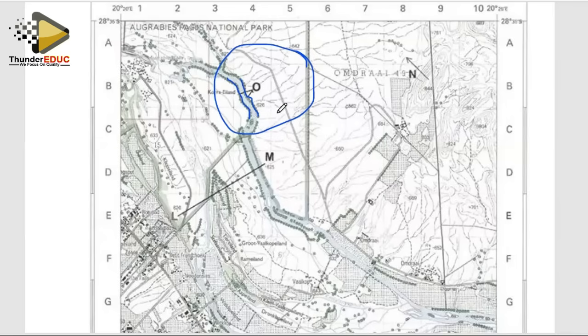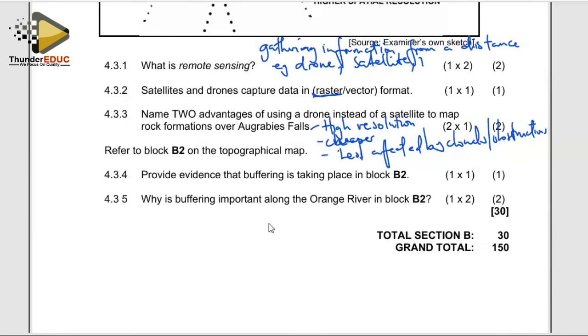buffering of the river. And also, if you check to this side here, though it's not clear, there's a protected area. And also, if you check any influence of human activities, there are no human influences close to the river here. So the piece of evidence that we can use to justify that there is a form of demarcation taking place, we can look at a row of trees as one piece of evidence.